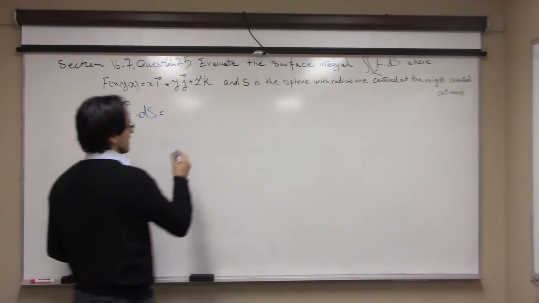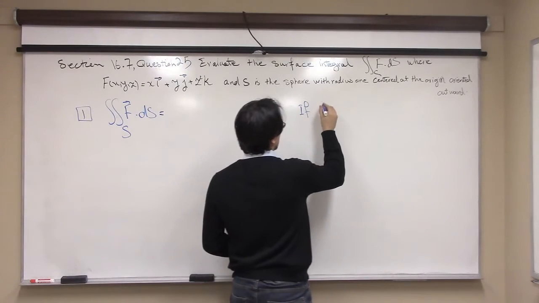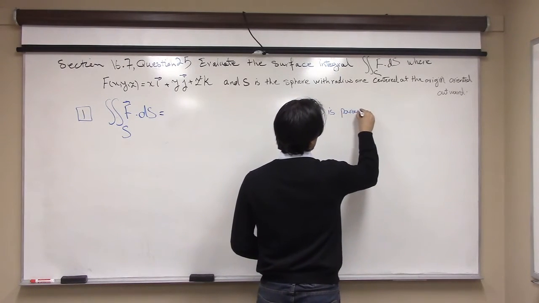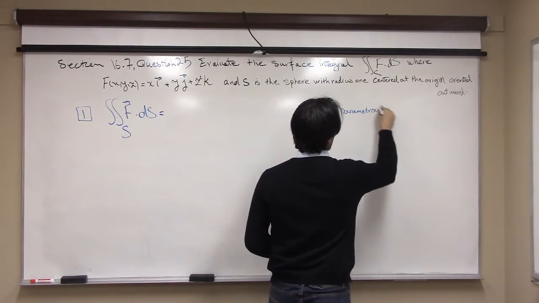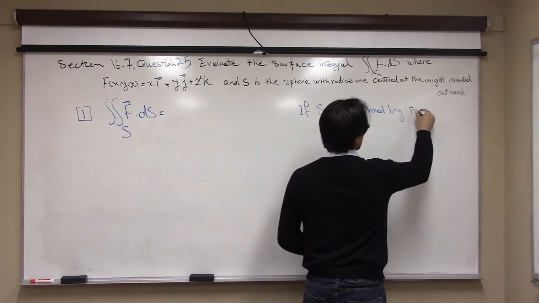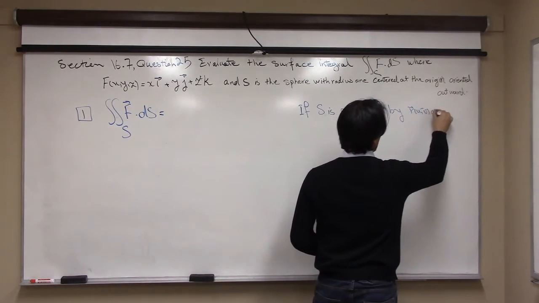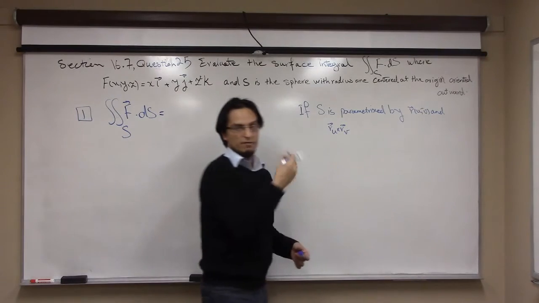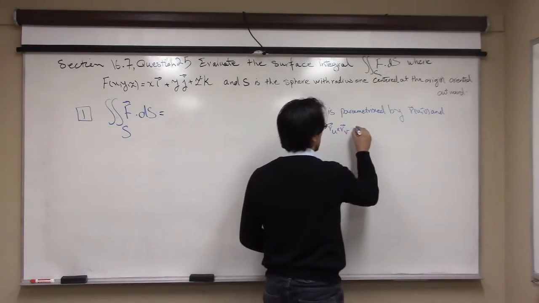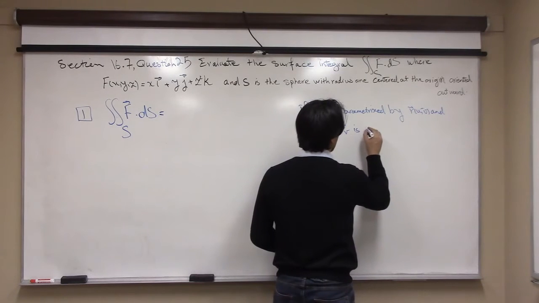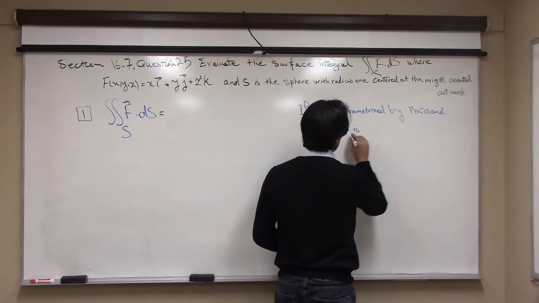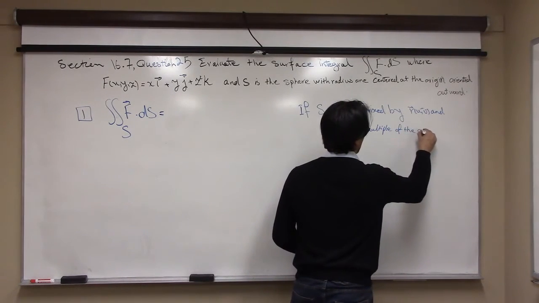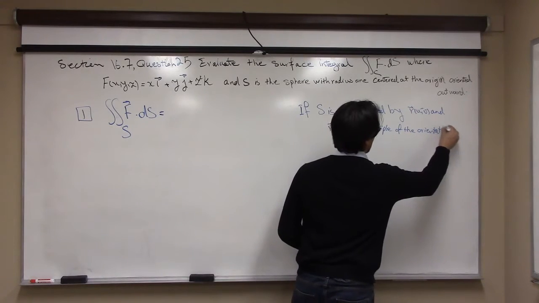So in that case, if S is parameterized by r(u,v) and r_u cross r_v, which is the vector at this point, is a positive multiple of the orientation.